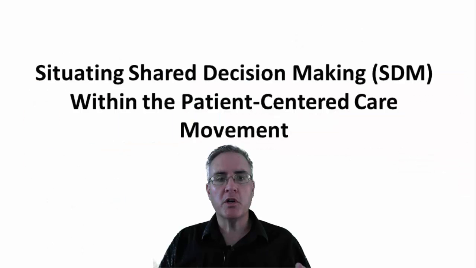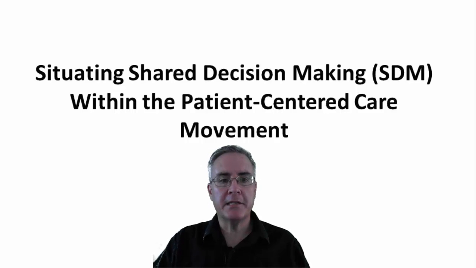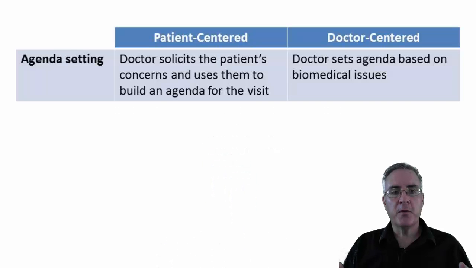The push toward more shared decision-making is part of a larger movement in medicine, the patient-centered care movement. Patient-centered care can be defined in terms of its polar opposite, doctor-centered care. It would be useful to compare and contrast these two approaches to medicine with regard to four communication differences. One of the first things a physician needs to do in a medical appointment is develop the agenda for the visit.